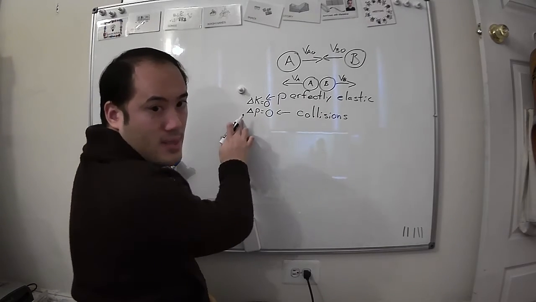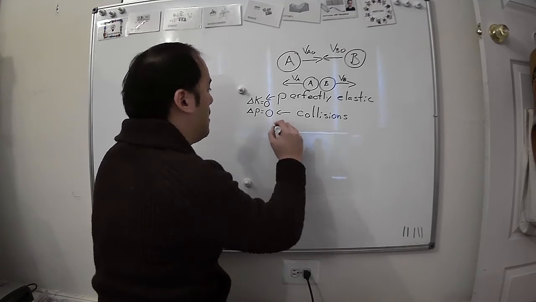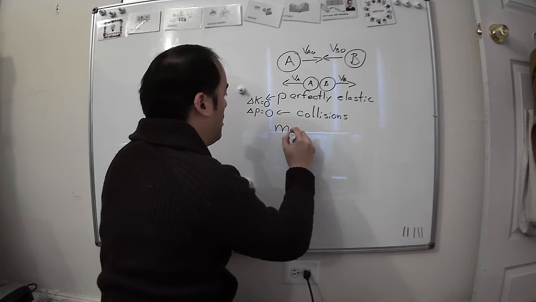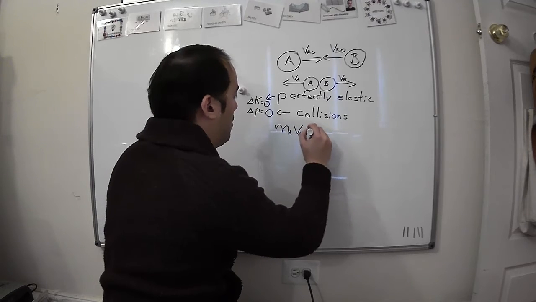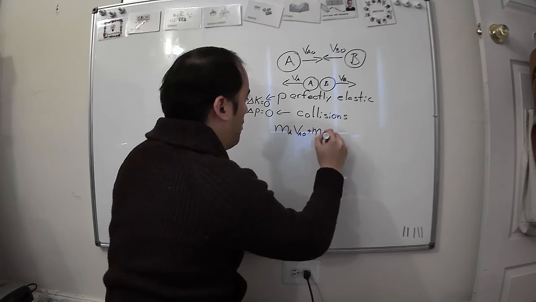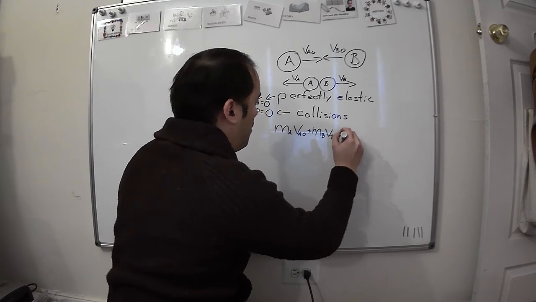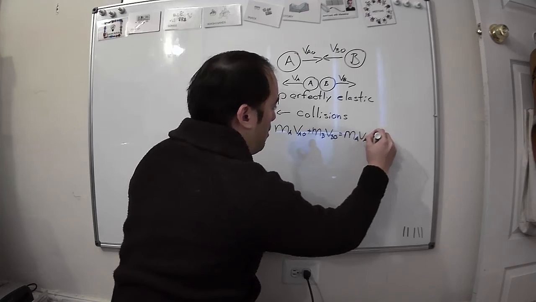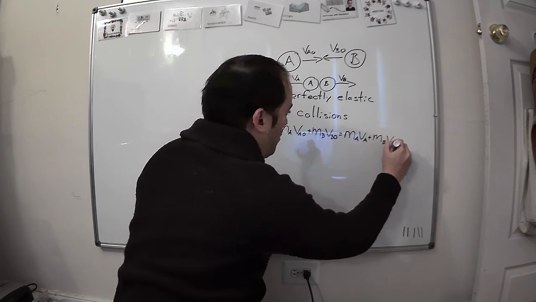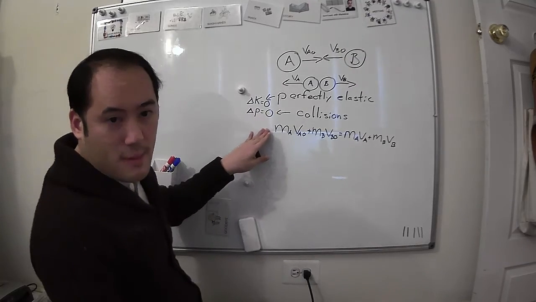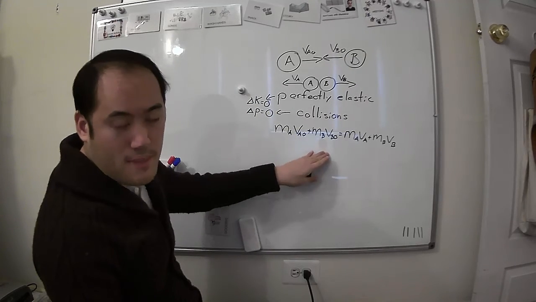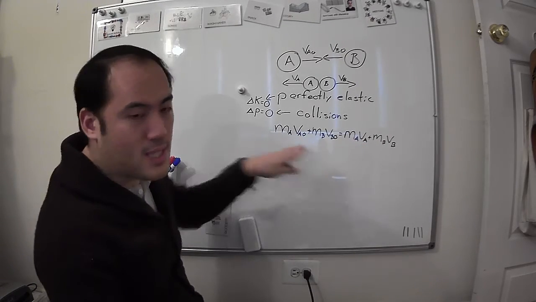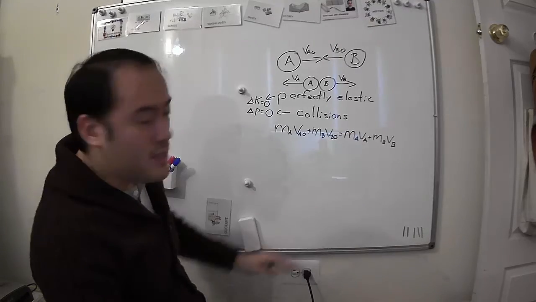So delta K equals 0, delta P equals 0. It's very tedious. This is the conservation of momentum equation. See, the momentum initially equals the momentum in the final state, the sum of m v.